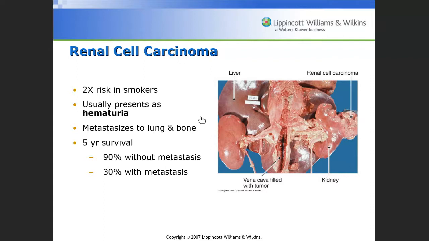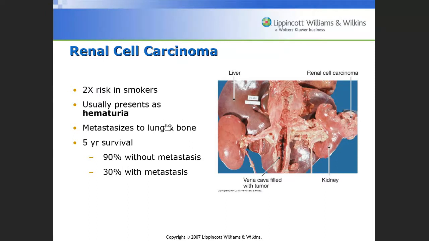In renal cell carcinoma, typically a lot of malignant cells do migrate to other distant organs, the bones and the lungs typically, they metastasize to. If it's metastasized, in that case, the 5-year survival is very low, 30%.